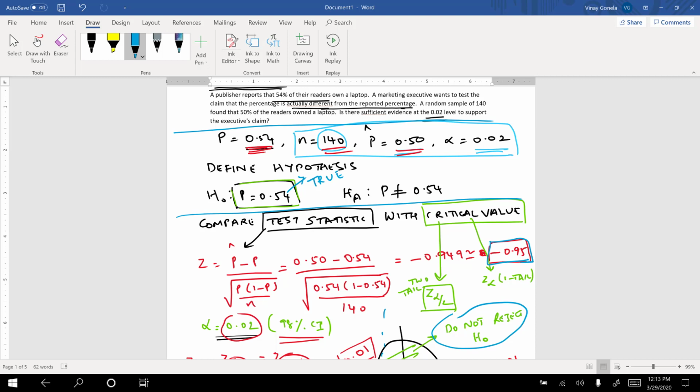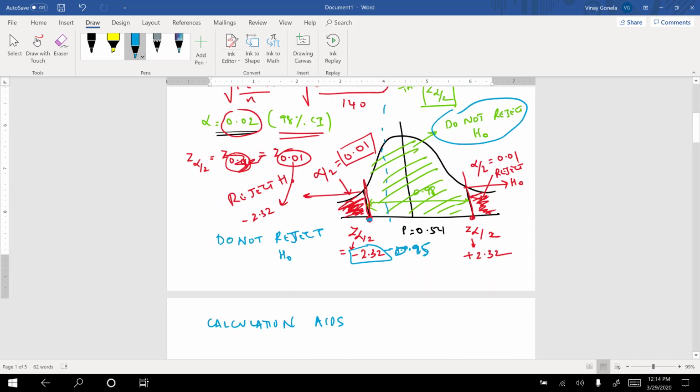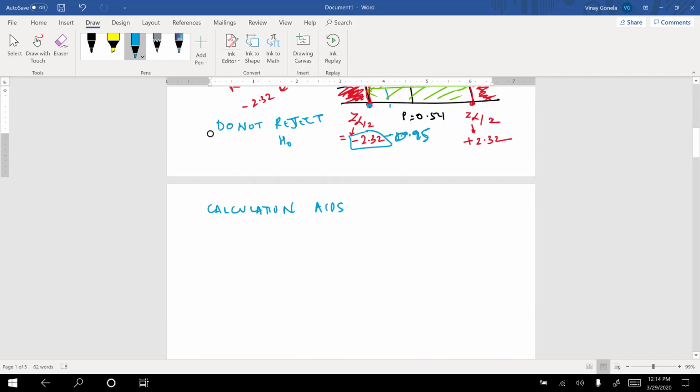So our hypothesis is H null: P is equal to 0.54, and H alternative: P not equal to 0.54, and then our data.